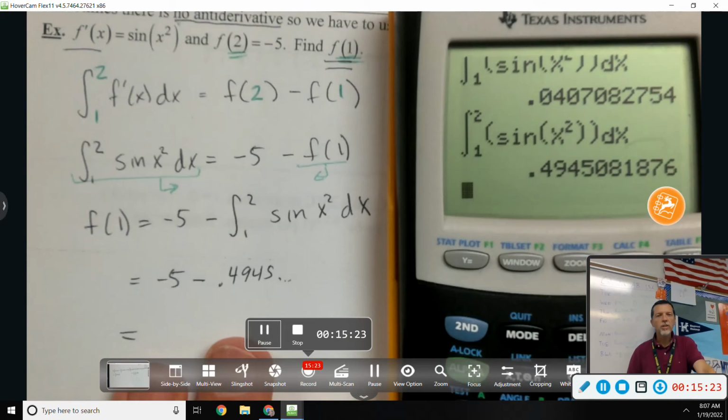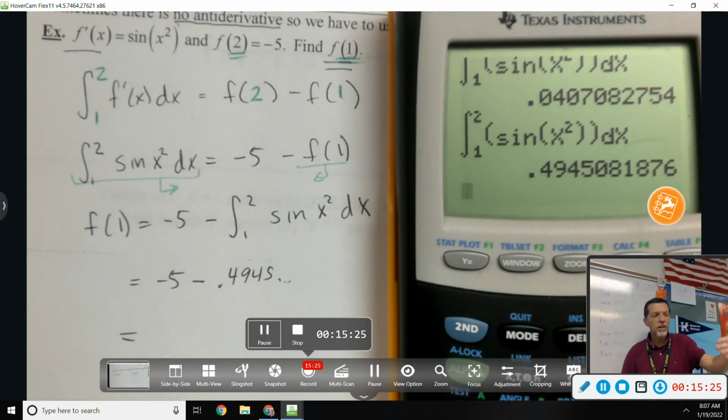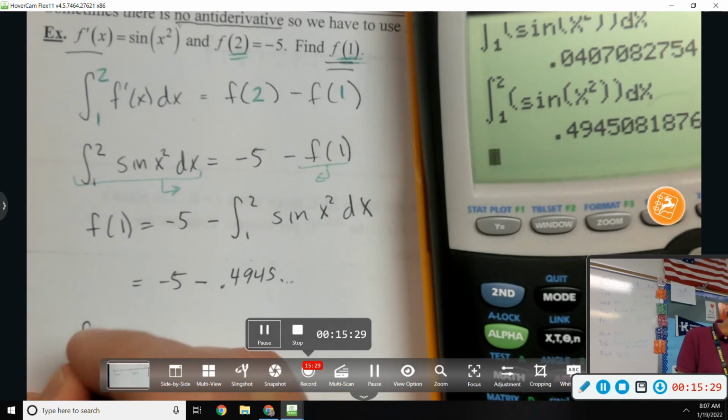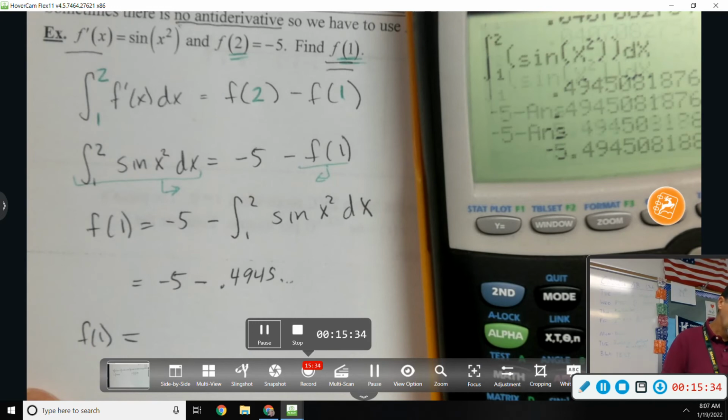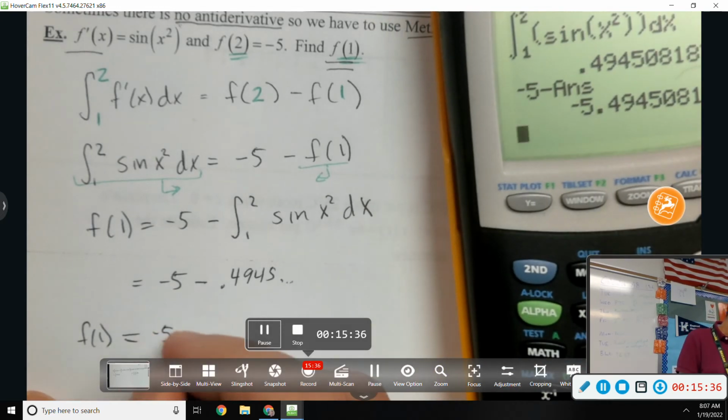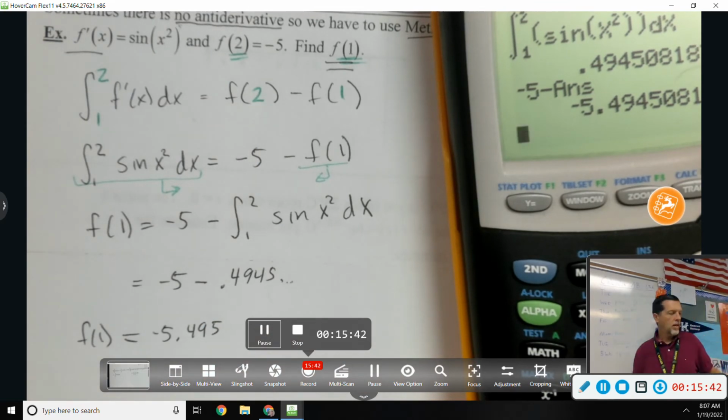So my calculator integral answer is 0.495. My answer to the problem is -5 minus that, -5.495. 3 decimal places, always when using the calculator.